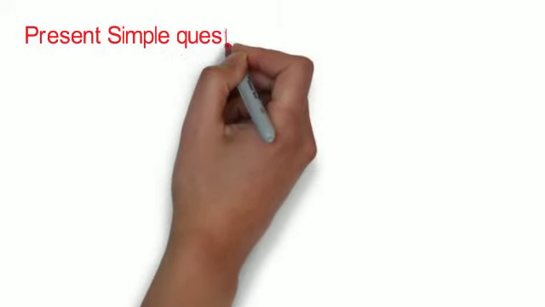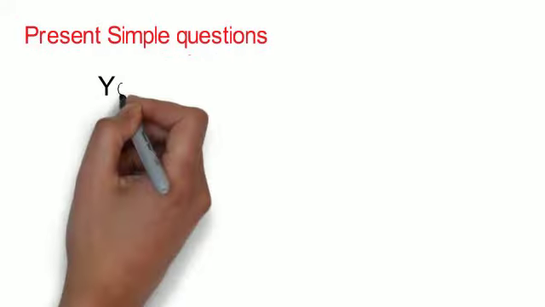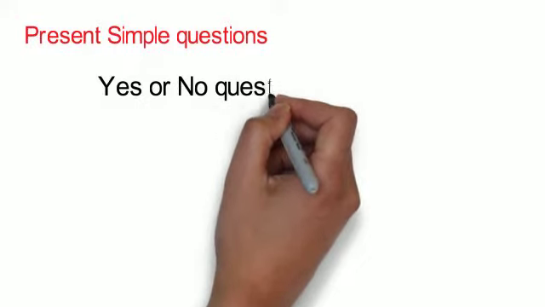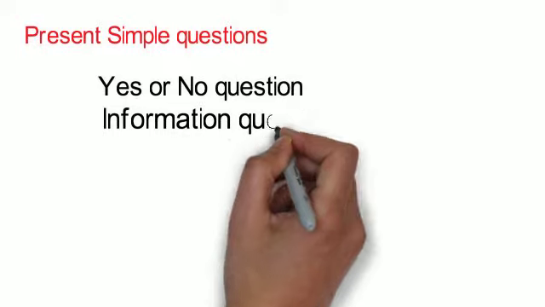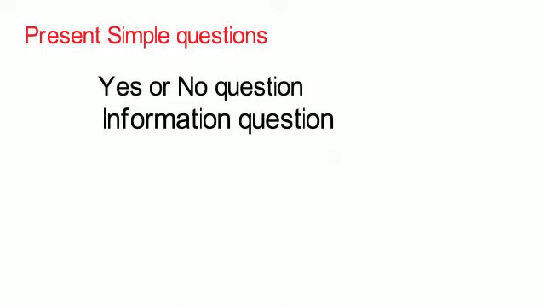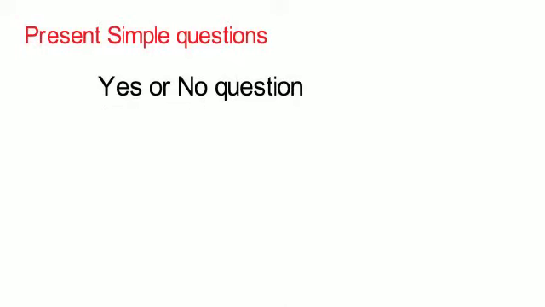Now, to make present simple questions, you need to decide if the question is a yes or no question, or if it is an information question. Yes or no questions usually have yes or no in the answer.